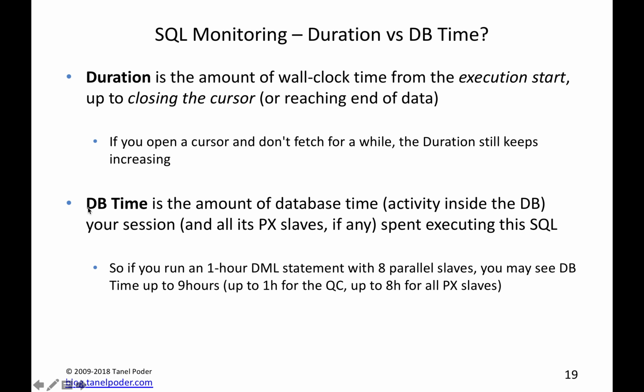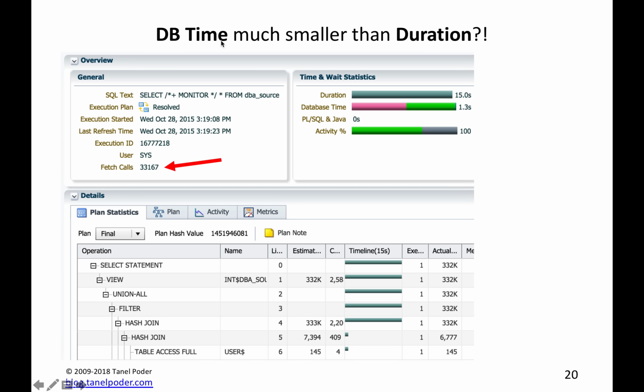But if your session is idle, waiting for the next fetch command to come in, then the DB time is not going to go up. So when the DB time is way shorter than the duration, the first thing to look at is how many fetches we have done.